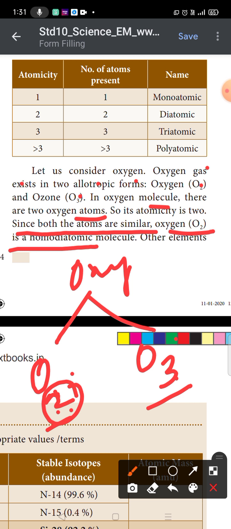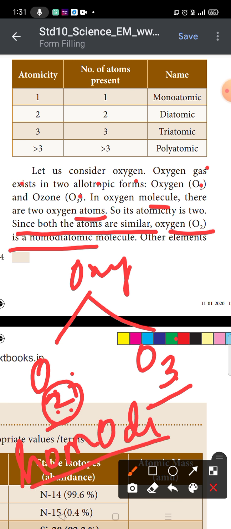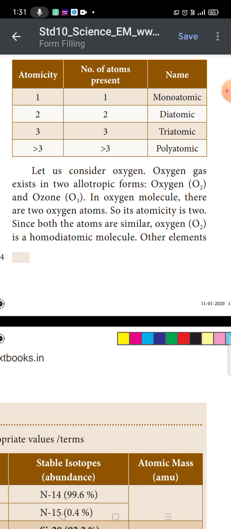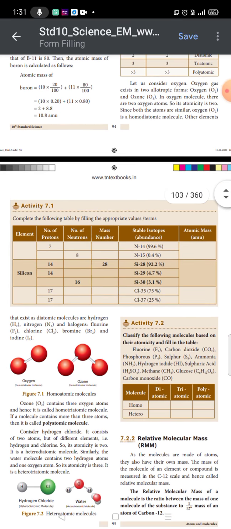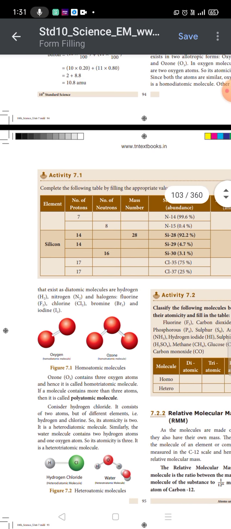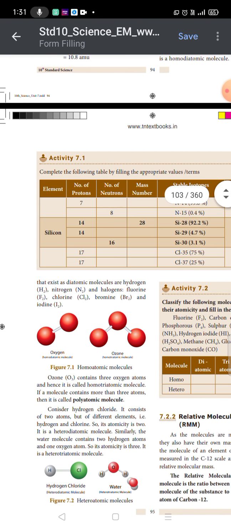If similar kinds of atoms are present, we give the name homo. How many atoms? 2 atoms, so we call it diatomic. So it is a homodiatomic molecule.